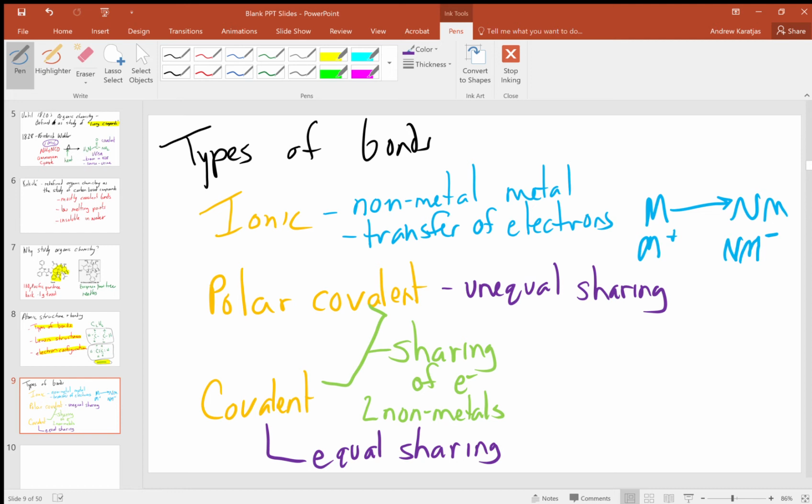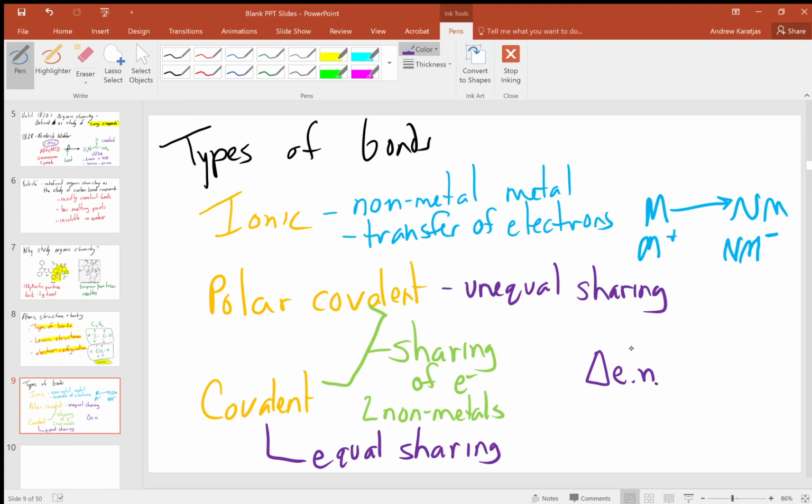How do you recall whether we formed covalent or polar covalent bonds? For that, we typically had to look at the electronegativity. What we're looking at is the difference in electronegativity between the two nonmetals that are forming the bond.